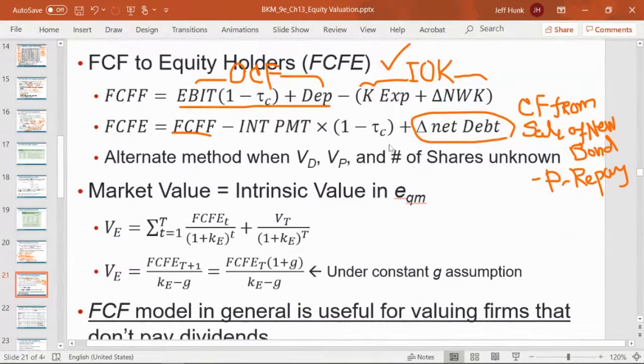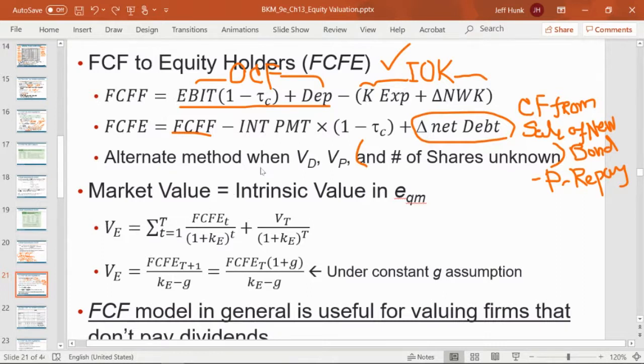the number of shares should be known. I mean, you can still get to a value of equity as an aggregate value, but to get to per share, you should also know the number of shares outstanding.